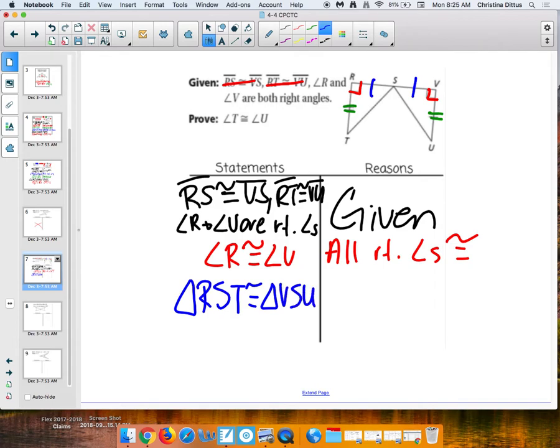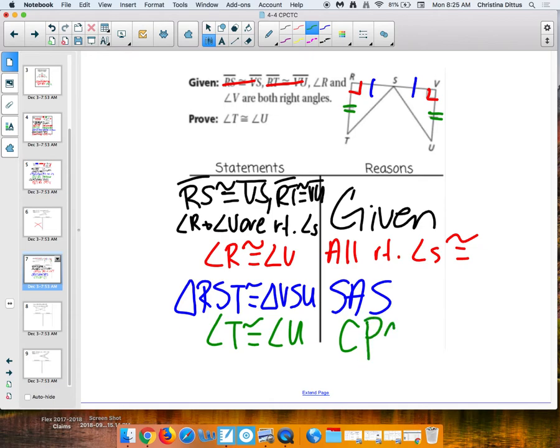Triangle RST is congruent to VSU because SAS. And then do what? Prove part. Angle T is congruent to angle U because why? CPCTC.